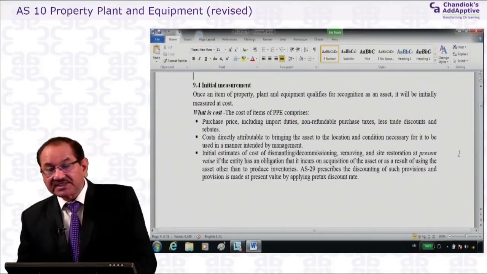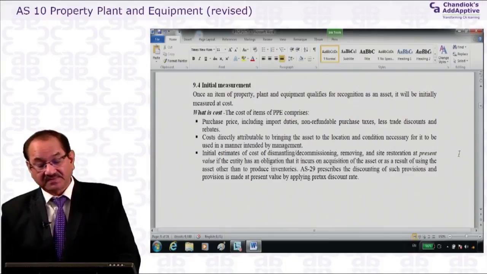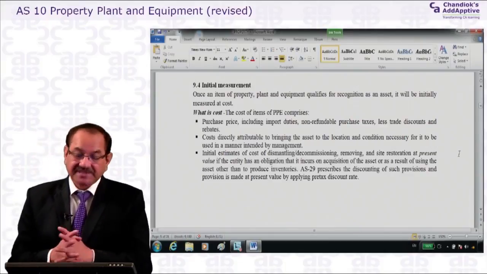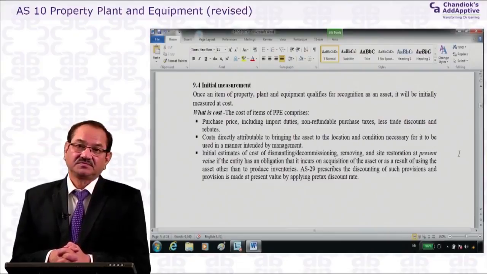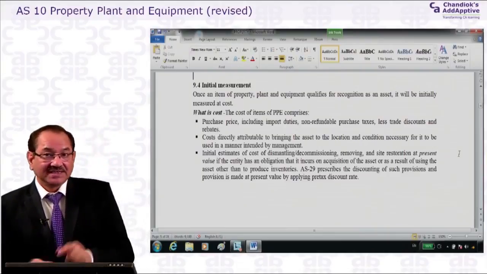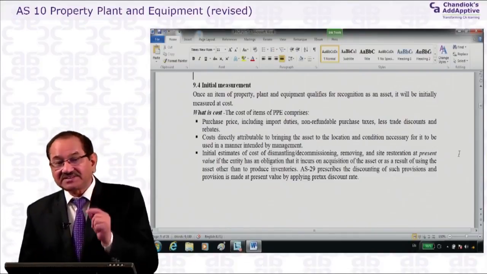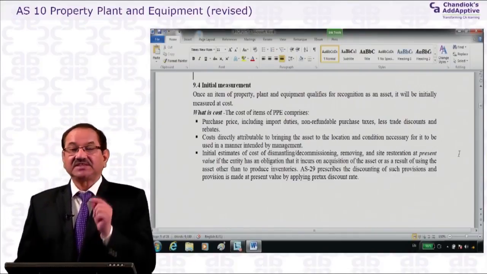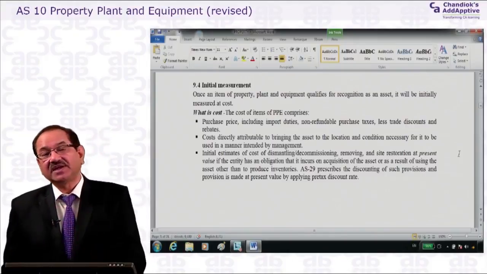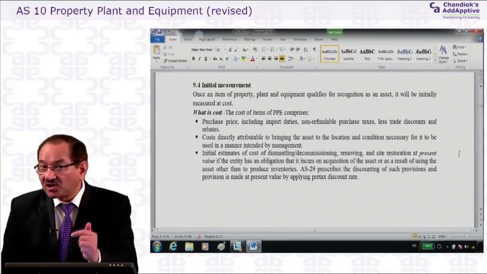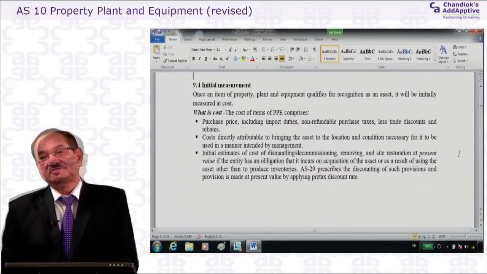AS 29 prescribes the discounting of such provisions, and the provision is made at present value by applying a pre-tax discount rate. Dear student, it says that the initial estimate of cost of dismantling, decommissioning, removing and site restoration at present value will be added to the cost of the property, plant and equipment.